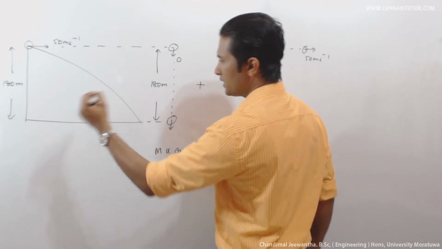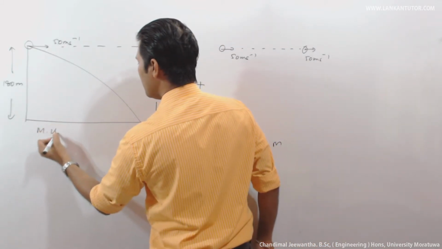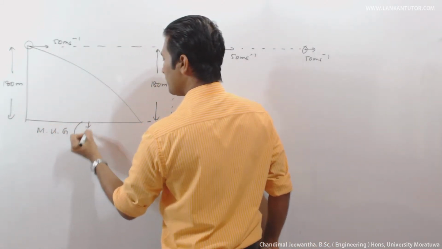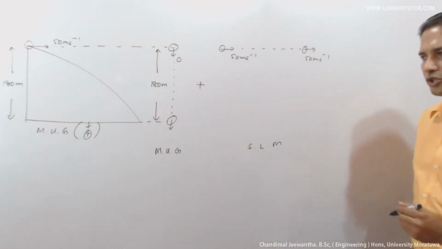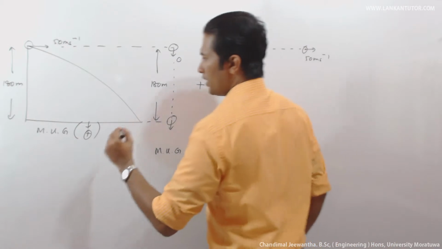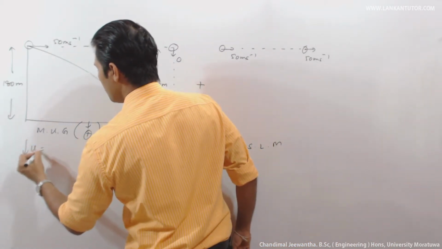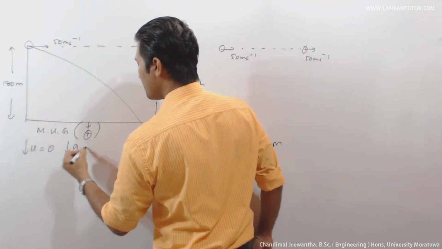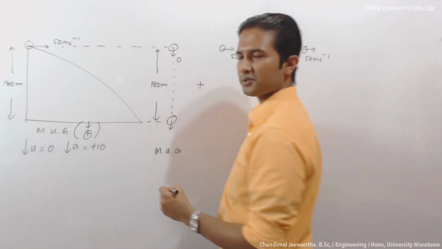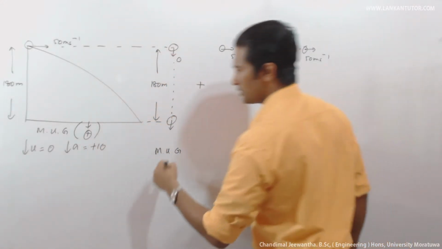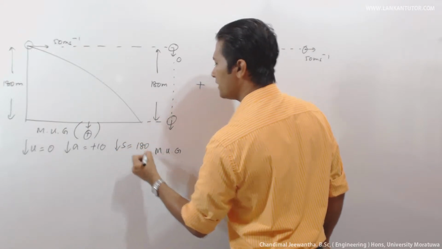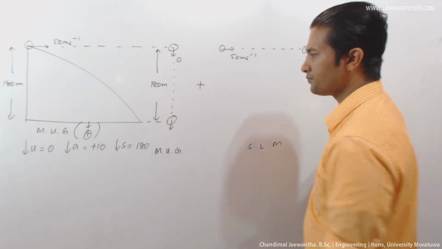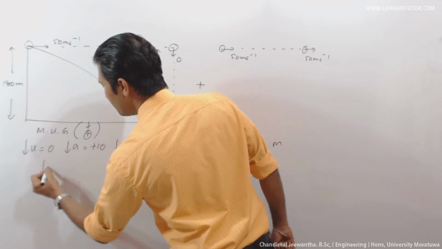You have to consider motion under gravity, and the downward direction should be positive, but the initial velocity is 0. Acceleration becomes plus 10, and the displacement is 180. Now we have to find time.